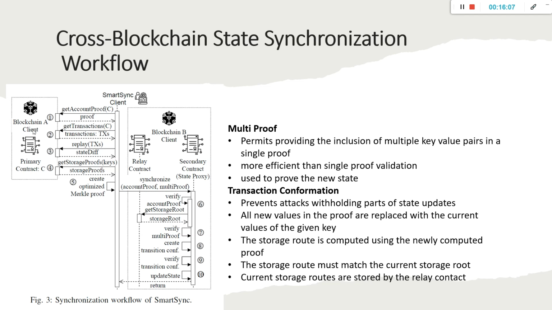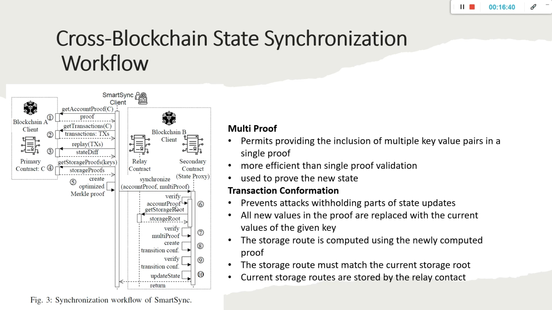So the smart contract gets the account proof, and when that data is retrieved, then it gets the transaction proof, and then all these are replayed in the target blockchain. Then it gets the storage proof key, and taking that, it creates an optimized Merkle proof, which is a complete Merkle proof. After that, the account proof and storage proof are verified.